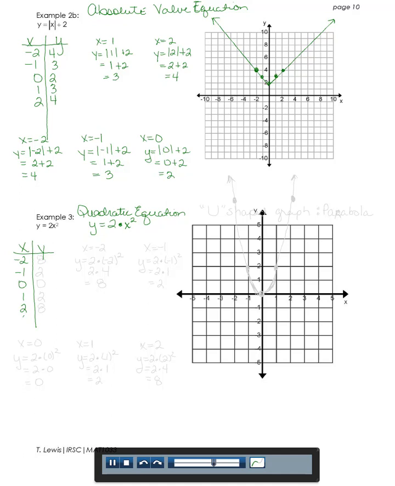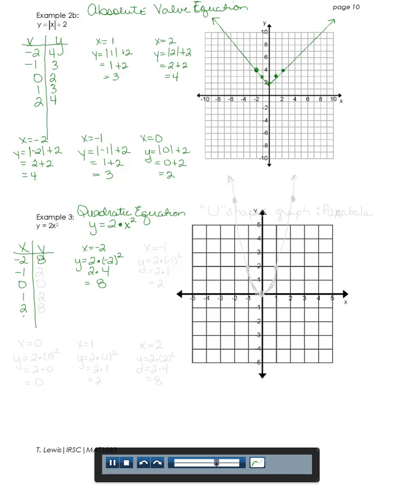So when we substitute negative 2 for x, y is equal to 2 times, we're squaring the negative 2, not the 2 that was out originally. The quantity of negative 2 squared is negative 2 times negative 2, which gives us positive 4. And then that's going to give us 8.